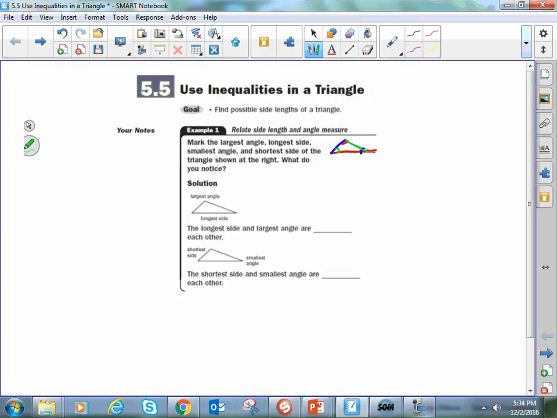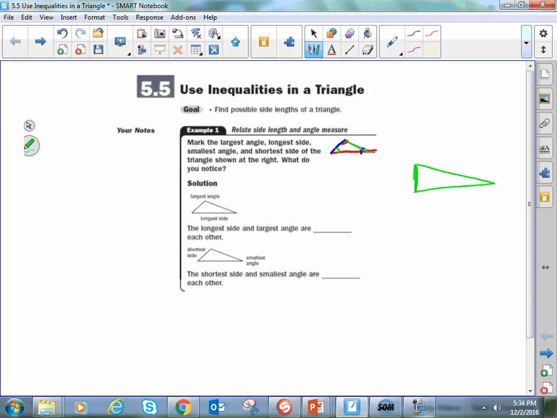So what do you notice? Well, obviously the biggest side is across from the biggest angle, and the smallest side is across from the smallest angle, which kind of makes sense to me. Like I said, it's not rocket science here. If we have an angle that's really small, well, you don't have to open up your arms very wide to pick up whatever this thing is.